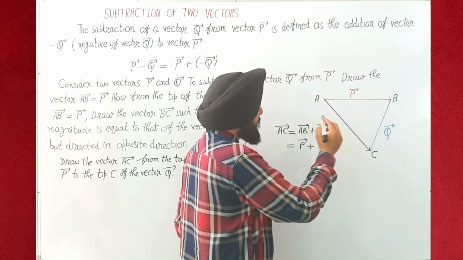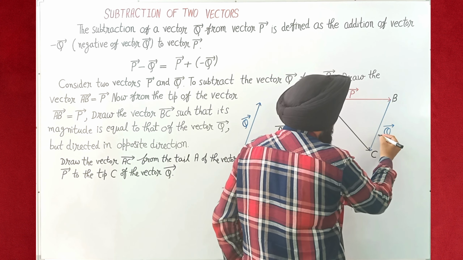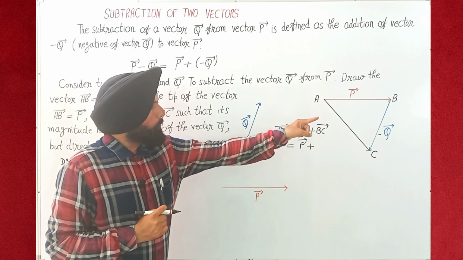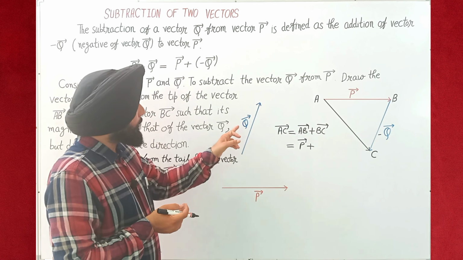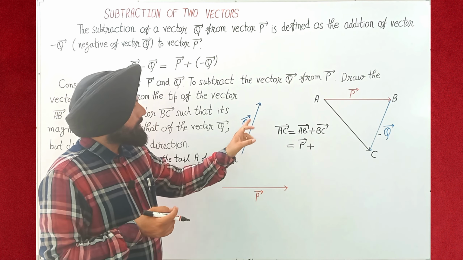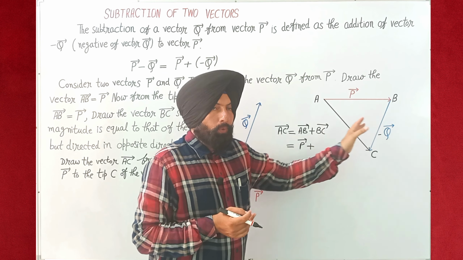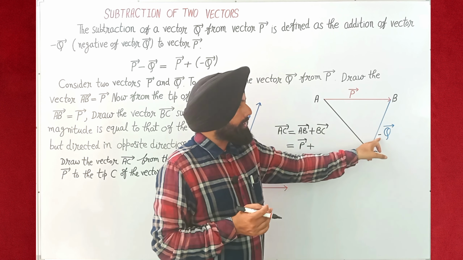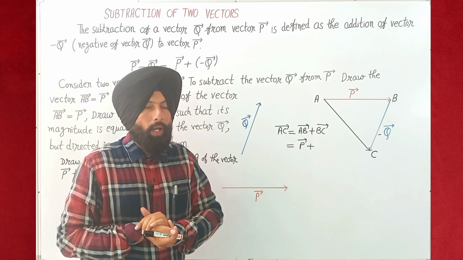Now students, BC vector is negative Q vector. Why? Because it has the same magnitude but opposite direction. So BC is negative Q vector.